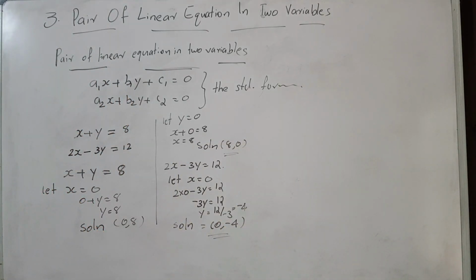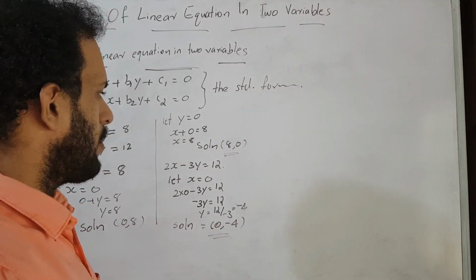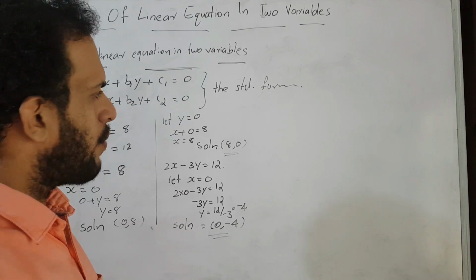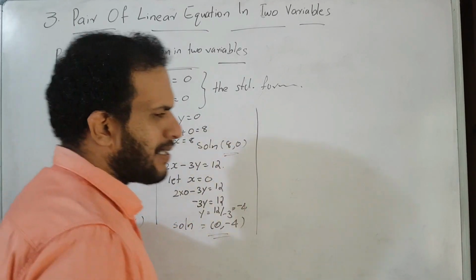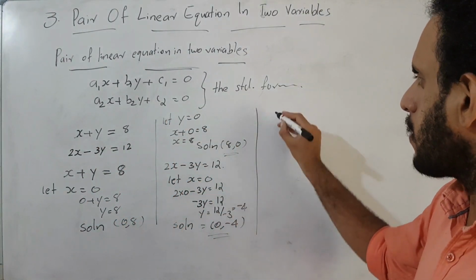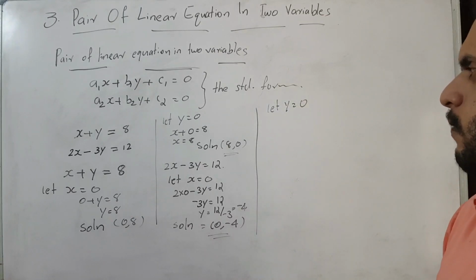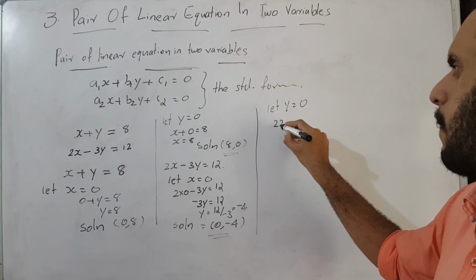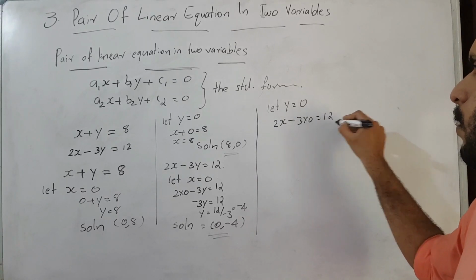The solution of this equation is 0, minus 4. Then we need one more, correct? Next I substitute the value of y is equal to 0 in the second equation. Then what do you get? 2x minus 3 into 0 is equal to 12.